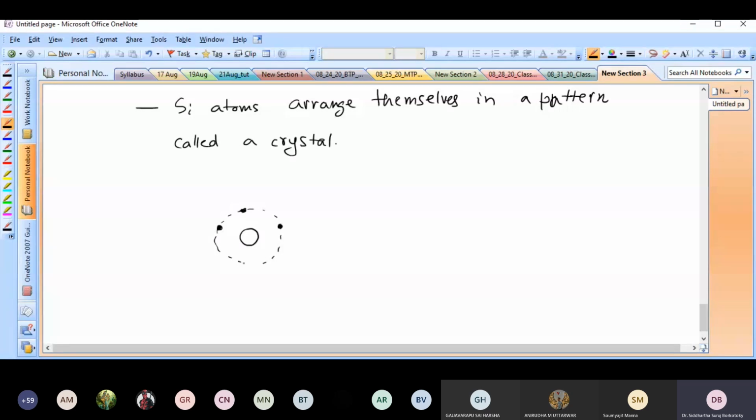So this atom will bond with another atom. So these are the cores. So this core, and this guy will have obviously 3 other things. Then this one will bond with another atom.